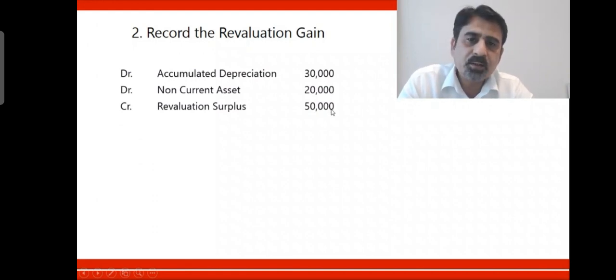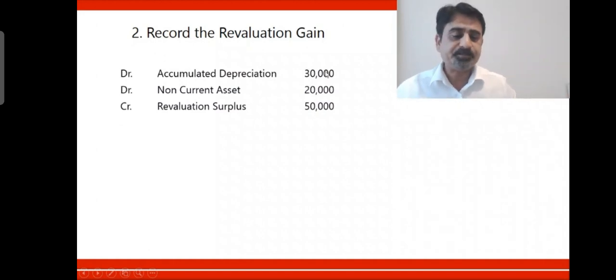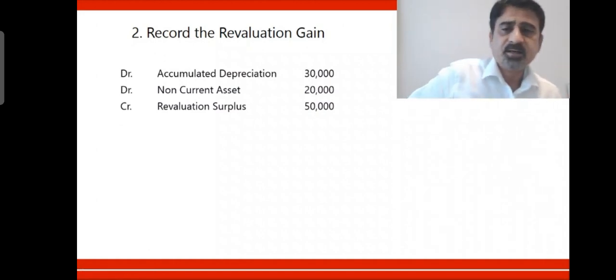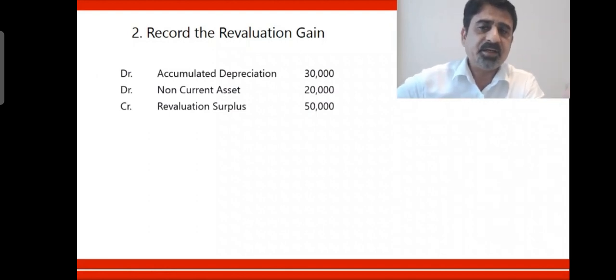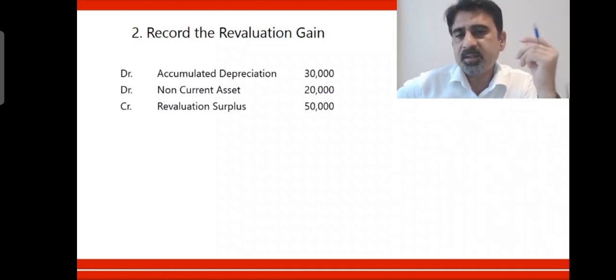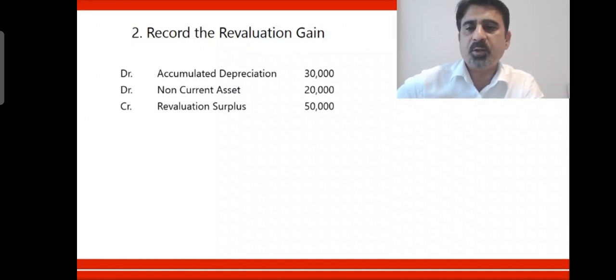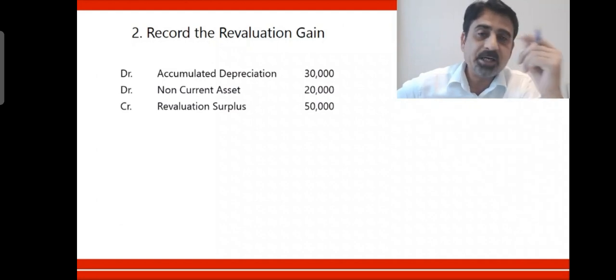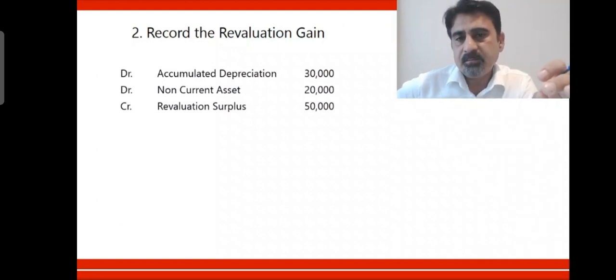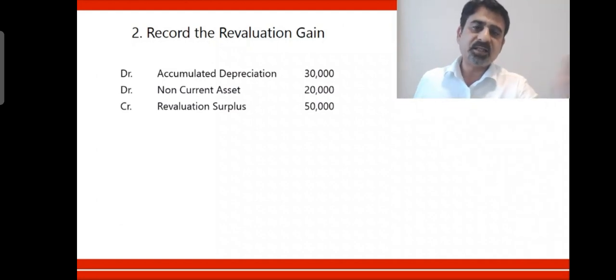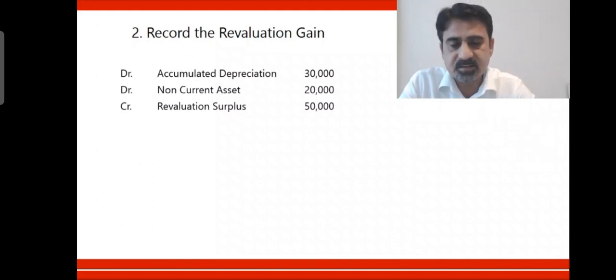Now you can remember it by heart, learn it by heart, cram it, but I wouldn't suggest. We can remember this debit credit, this double entry, but what is more important is that we understand how we made this double entry. Why do we debit accumulated depreciation? That's something which we need to understand. Let me show you the T accounts, the ledger accounts, and then I will explain the reason behind this double entry.